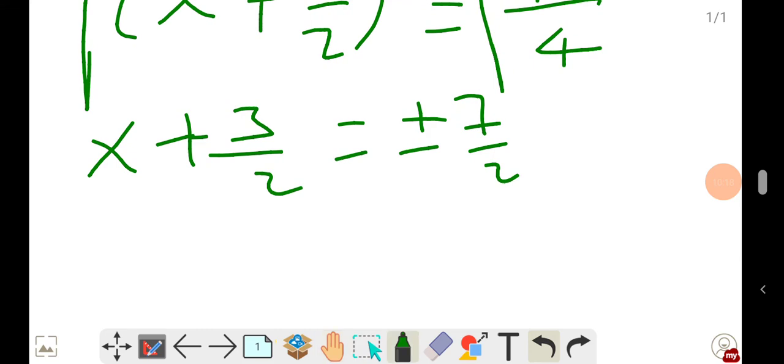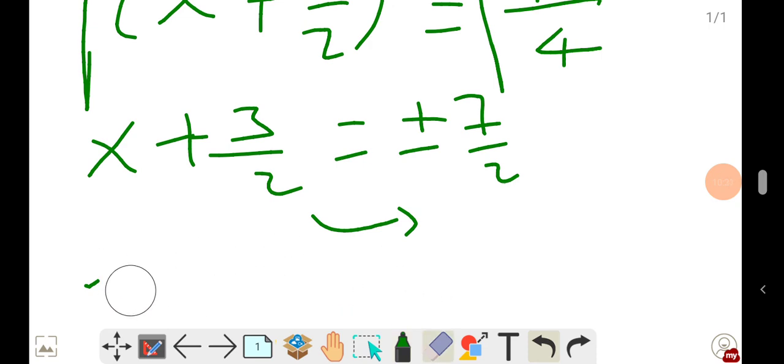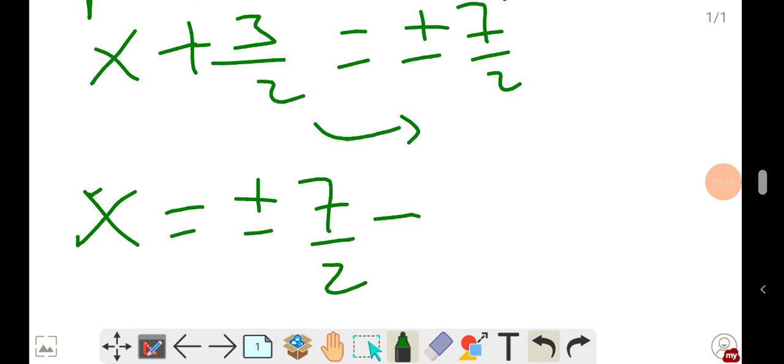Then we need to shift this to the other side, so x will be plus or minus 7 over 2 minus 3 over 2. It was positive here; when you shift it, it will be negative.